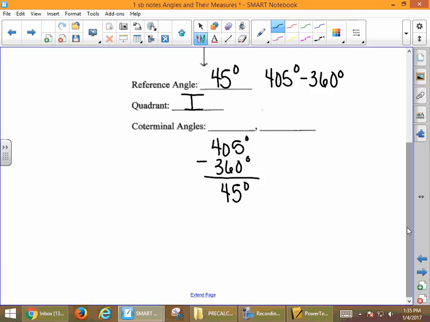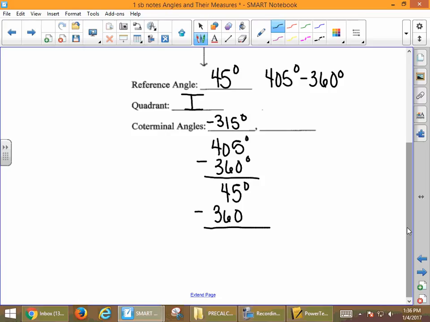So if we leave it like that, we haven't really found a negative angle. So let's subtract 360 degrees again. And when we do, we end up with negative 315 degrees. So 45 degrees is a good angle, but it's not going to give us a negative angle.